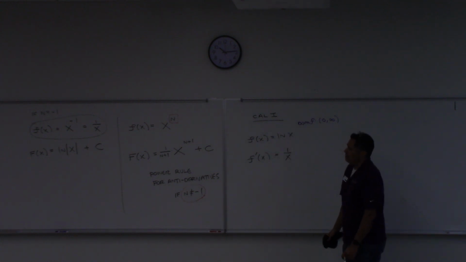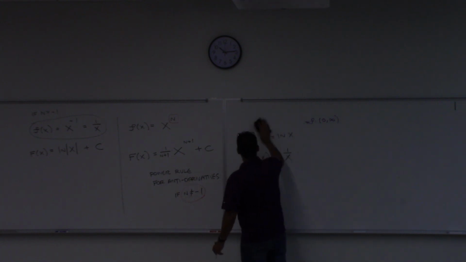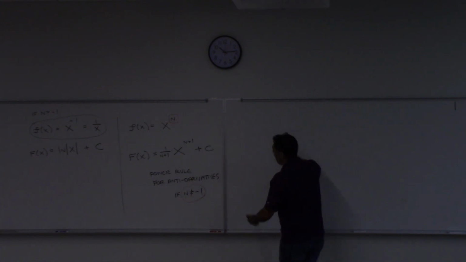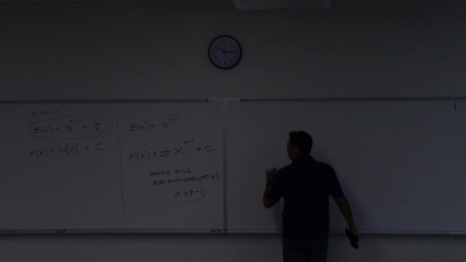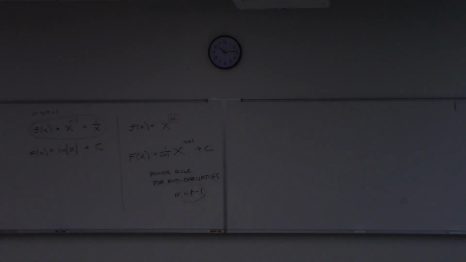All right, so that's our power rule, and that's the special case. So in most textbooks, you'll have this final version of the power rule. I'm going to put it over here just so we have it. So the power rule is this.